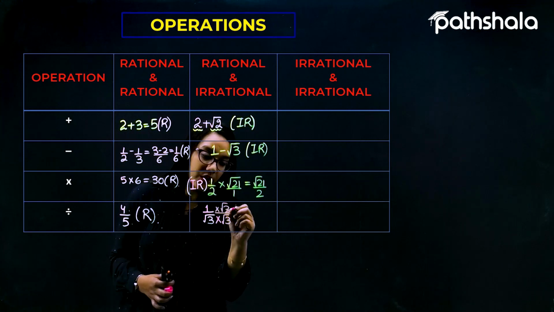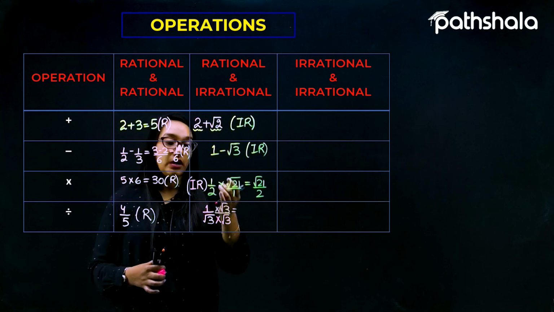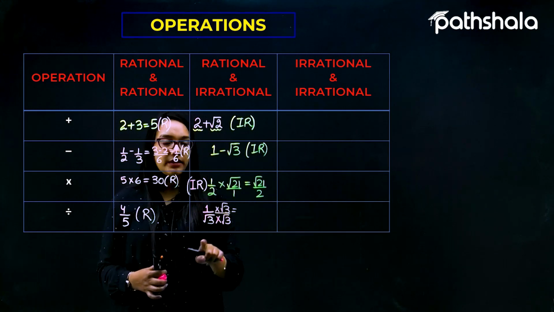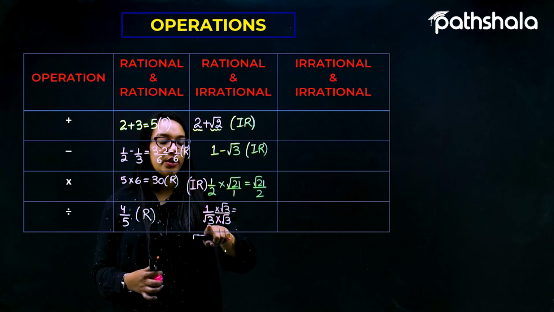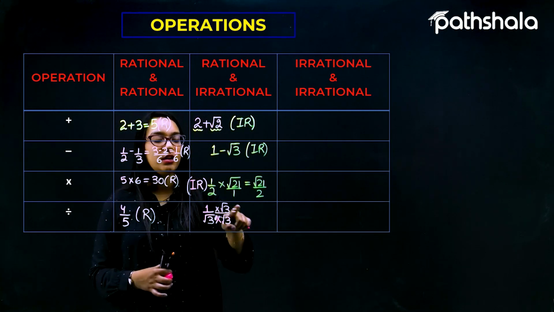This is all about rationalization of a particular number. Rationalization can be done by multiplying an irrational number with the same irrational number in the numerator as well as in the denominator.